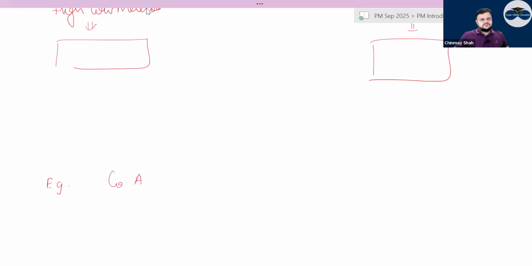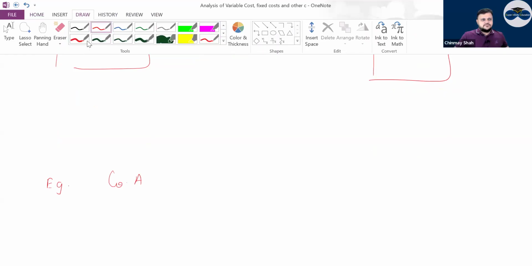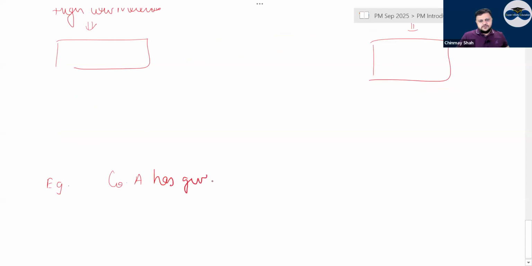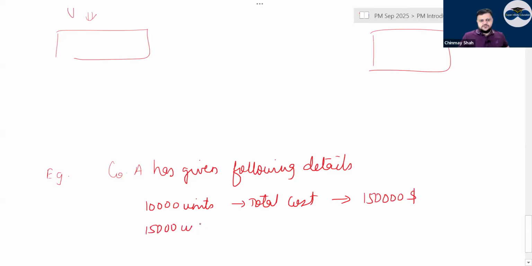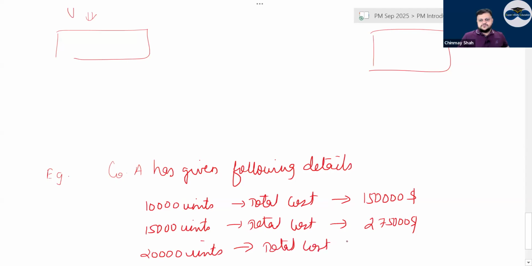Company A has given the following details. 10,000 units, total cost $150,000. 15,000 units, total cost $275,000. 20,000 units, total cost $400,000.